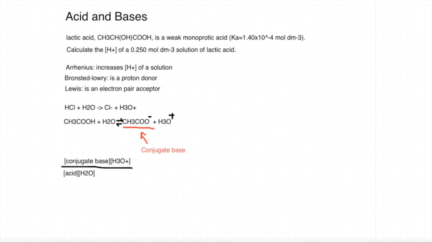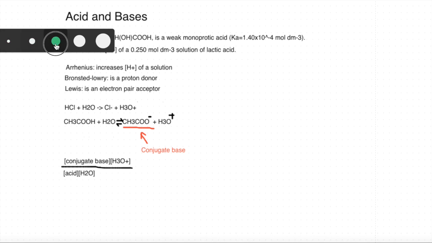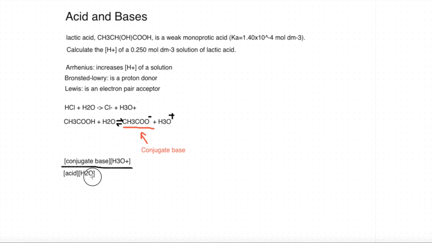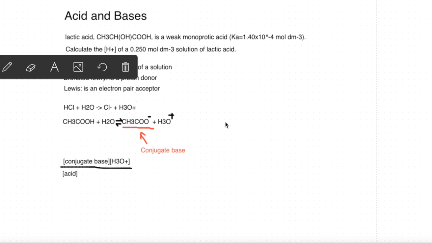So in fact, we need to omit the water, otherwise the value of this fraction will be too high. So let's delete that. And secondly, the concentrations of the conjugate base and the proton H3O plus should be equal in the case of ethanoic acid.